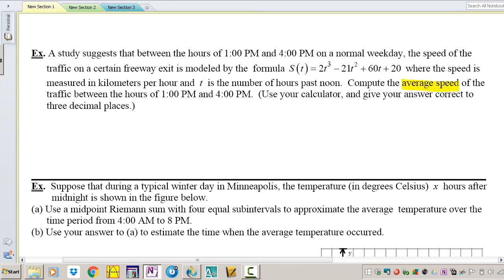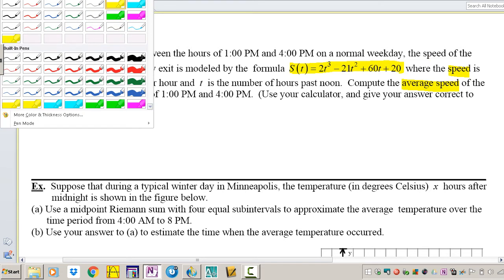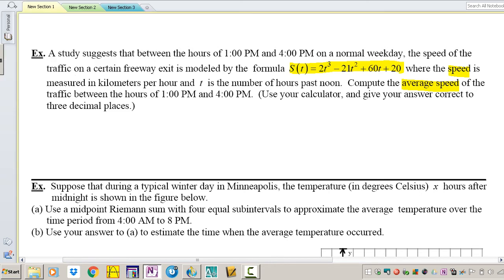So what does this formula describe? This formula describes speed, and I'm looking for average speed. So how do you take the average of speed and still get speed? We know that when we take a derivative, for example, let's say that I have a function x of t, and x of t is measured in kilometers.